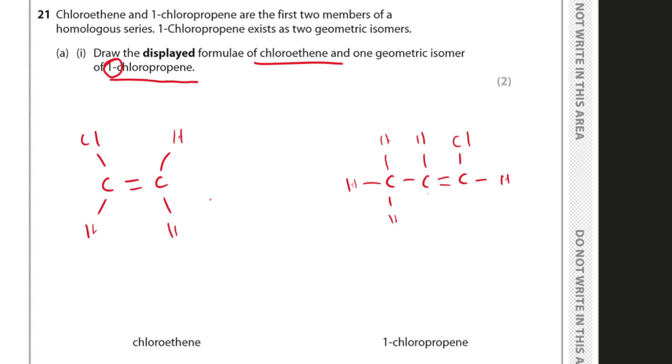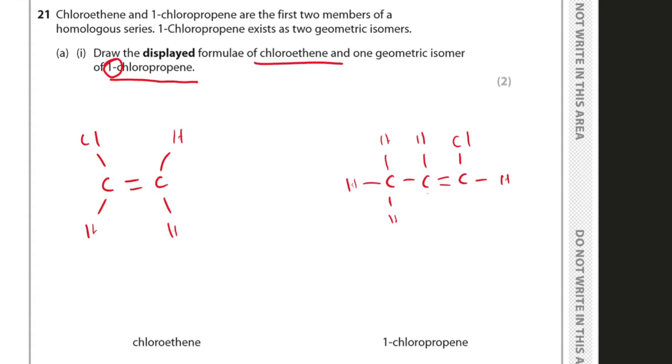So that's one reason. The second reason why 1-chloropropene has geometric isomers while this one does not is because you can clearly see that in each carbon atom in the carbon to carbon double bond, there are two different groups attached in 1-chloropropene. But if you check out chloroethene, one of the carbon atoms involved in the carbon to carbon double bond consists of two same groups attached to it, which is the hydrogen atoms.